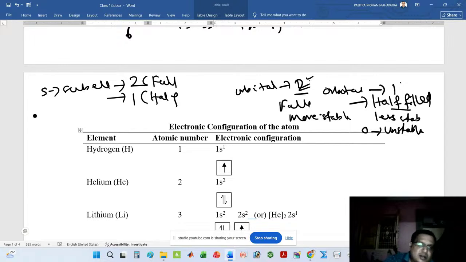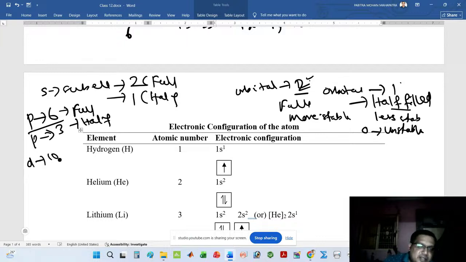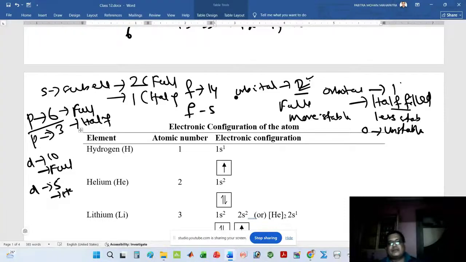Think about the p subshell. P has a maximum of 6; if completely filled with 6, that is full filled. If p has 3 electrons, that is half filled. Clear? Similarly, think about d. D has 10; if d has 10, that is full filled. If d has 5, that is half filled. Similarly, think about f. If f has 14 electrons, that is full filled. If f has 7 electrons, that is half filled.